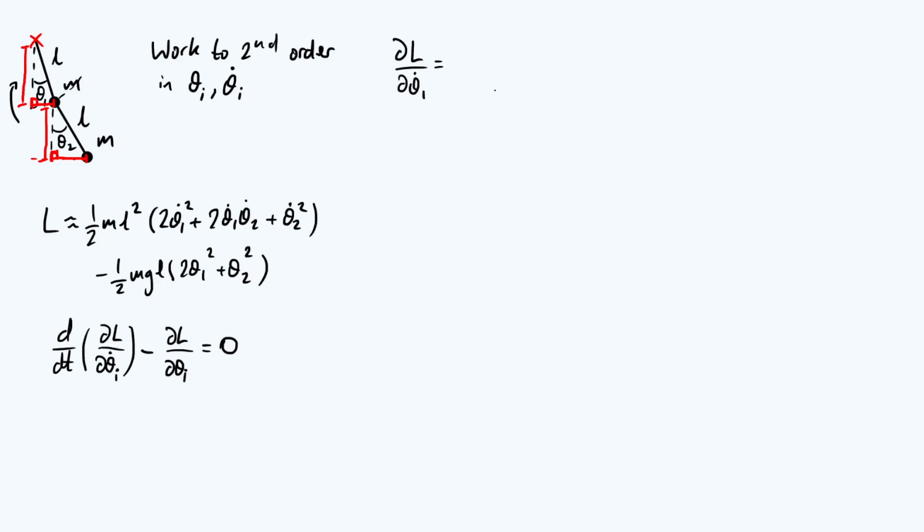All right, so if we take our L expression over on the left and differentiate it with respect to θ₁-dot, you've still got this prefactor of 1/2 ml². Then the first term just turns into 4θ₁-dot using our standard power rule for differentiation. The second term, the coefficient of θ₁-dot is 2θ₂-dot, so I add on 2θ₂-dot.